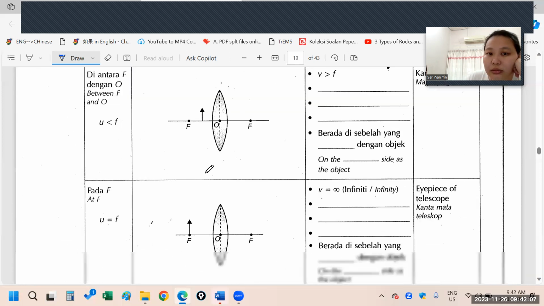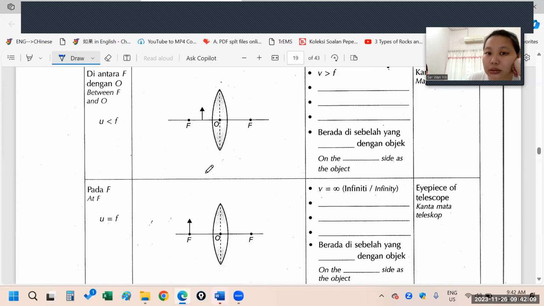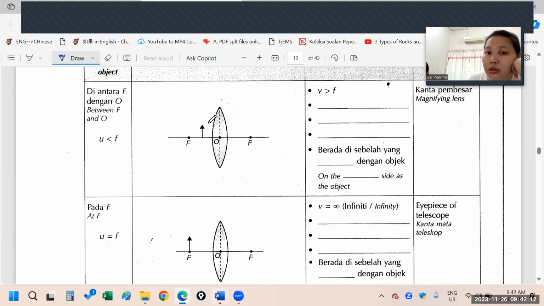Okay, so now look at this. How to draw the image. So let's draw KF. Use a ruler. KF, then C. So this is the object.